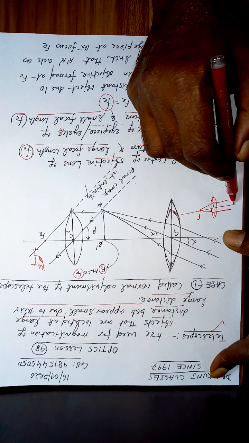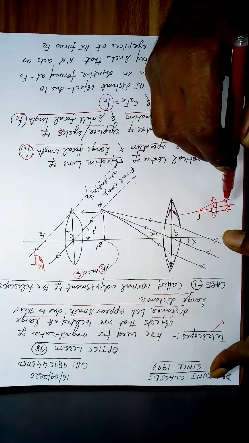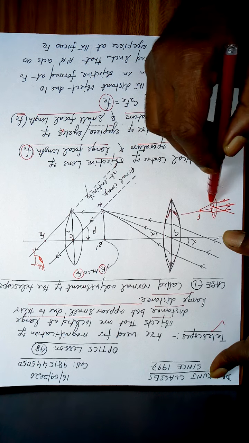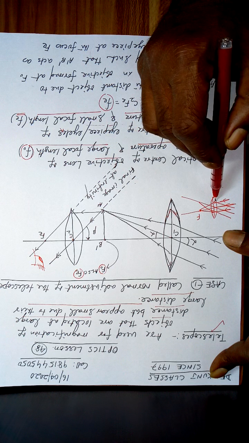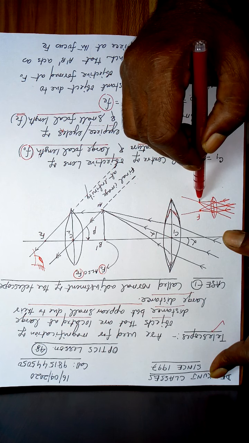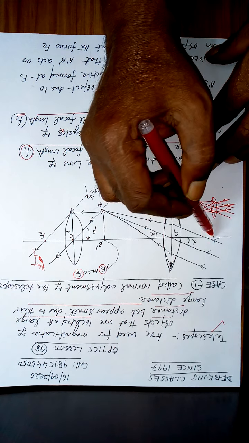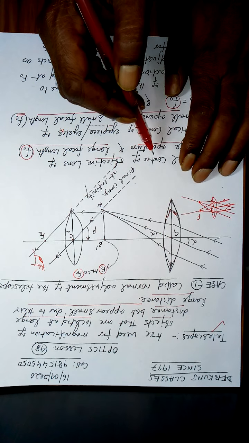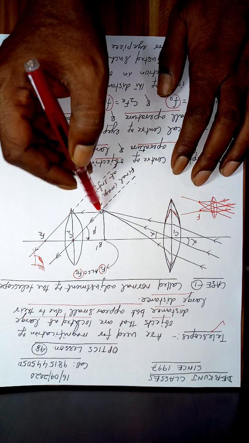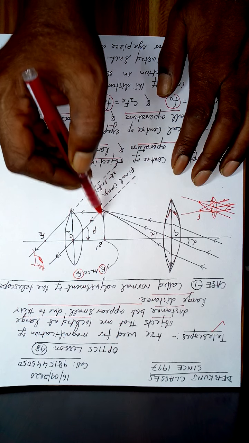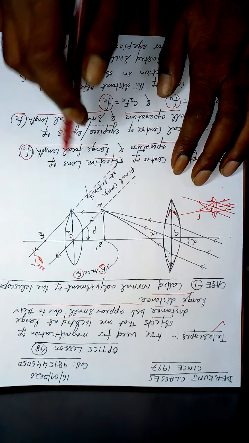Now if these rays are parallel but not parallel to the principal axis, they will meet at a point just below the focus. That's what is happening here. These three rays are parallel but not parallel to the principal axis, so they meet at a point here, just below the focus point F0.